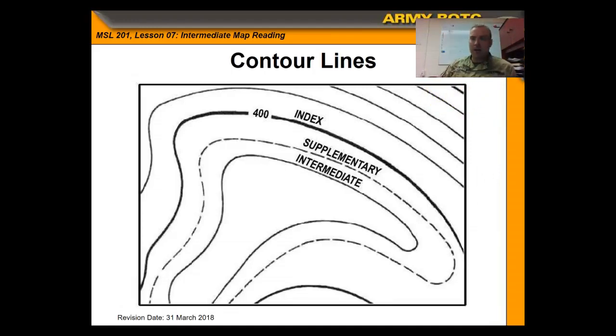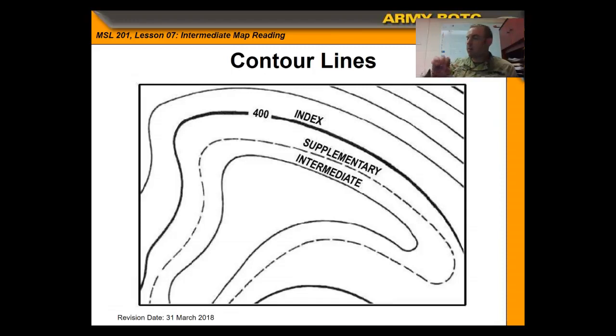Supplementary contour lines resemble dashes. You have these little dash marks, and these aren't as common on maps. You will still find them, but they show changes in elevation of at least one half the contour interval. Supplementary lines are normally found where there's very little change in elevation, such as on fairly level terrain, valleys and big plains and stuff like that, where there might be just a very, very gradual change in elevation.